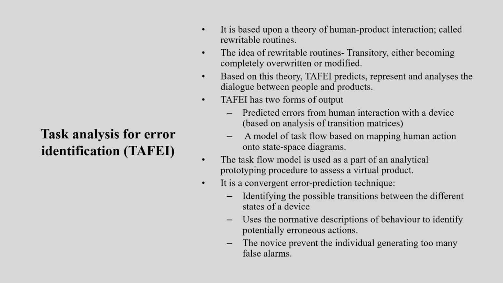So the novice prevents the individual generating too many false alarms. It may happen when you are not aware about that particular situation. In a small error also you may raise a big alarm, which may cause a problem to the whole system. So this particular method will help you to stop such kind of action.